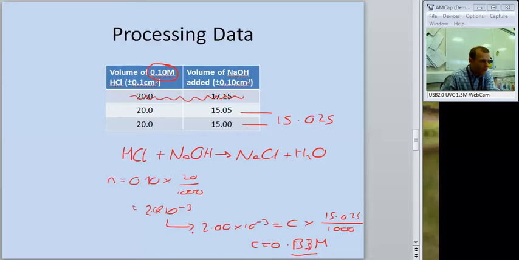So I can't quote to that. I need to quote my final answer to 0.13 molar. I can say that that's two significant figures, because I was looking at these and I was wrong. The smallest number of significant figures that I used in my calculation was 2. So there it is. Final answer goes to 2 significant figures.